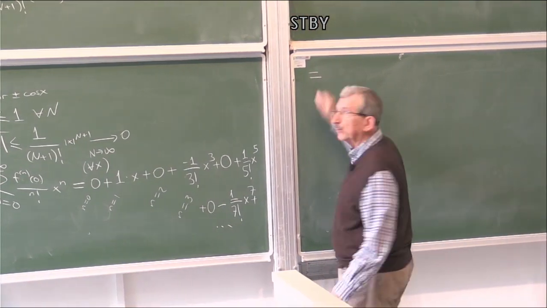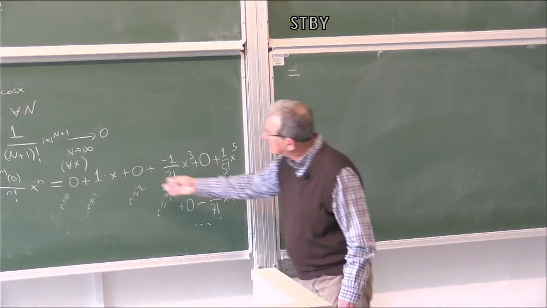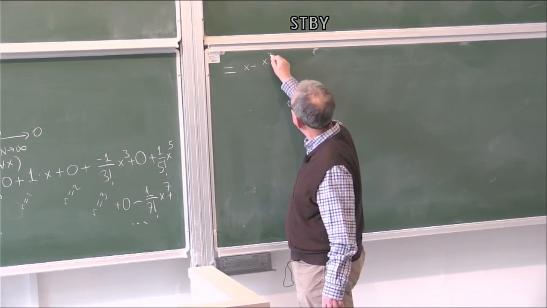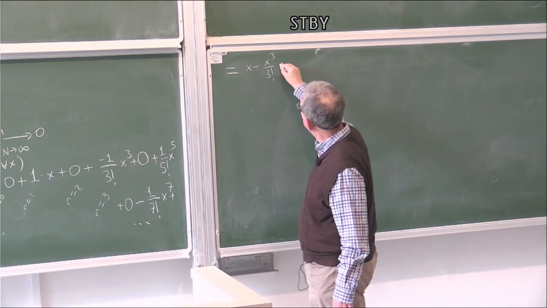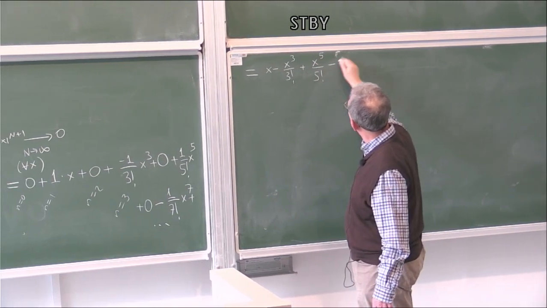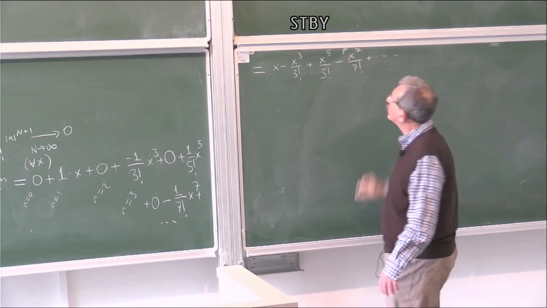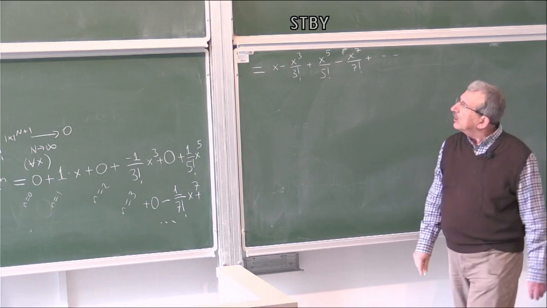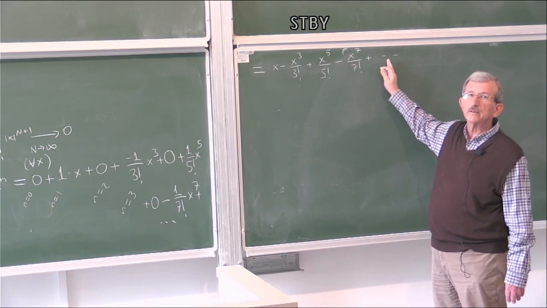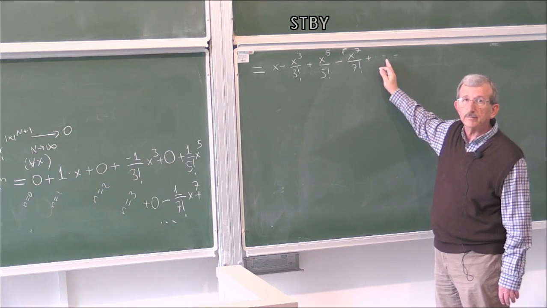Let us continue to calculate what this is in a shorter way. Let us write the right-hand side. It is x minus x cubed over 3 factorial plus x to the 5th over 5 factorial minus x to the 7 over 7 factorial, and it continues in an alternating way. Note that it only has odd powers of x. Well, this is something we expect because sine x is an odd function.